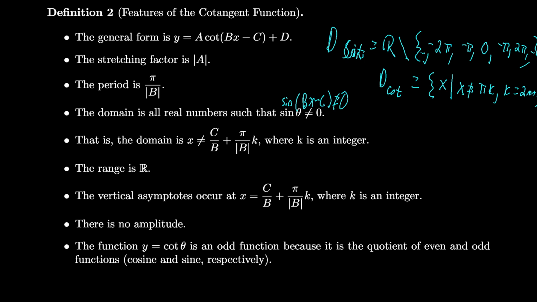You could go through and do that, but honestly, don't even bother with it. The domain of cotangent is all real numbers except for integer multiples of pi.